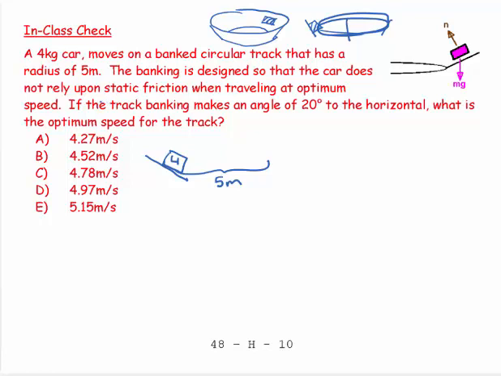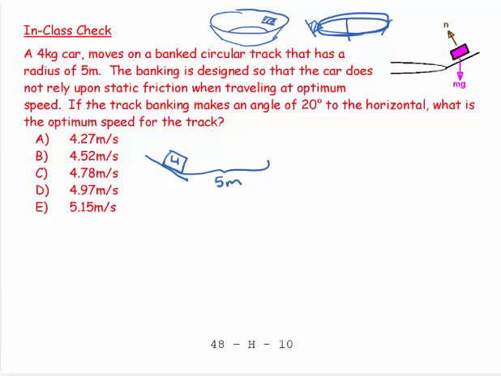And there's some roads engineered like this. If you're on an interstate, sometimes you'll find you go around a corner and you didn't even touch the steering wheel. You notice it more when the corner is tighter, so you tend to notice it more on some local roads. There are a few local roads where for some reason they just banked the road so that you don't actually have to turn your wheel and make the car go in a circle.